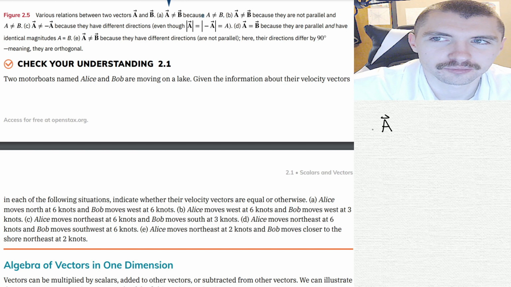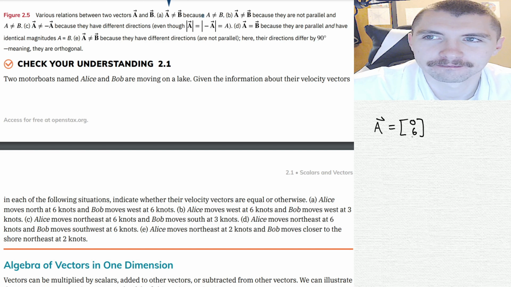Say she starts at the origin and she goes, so XY, Alice goes from the origin to 6.